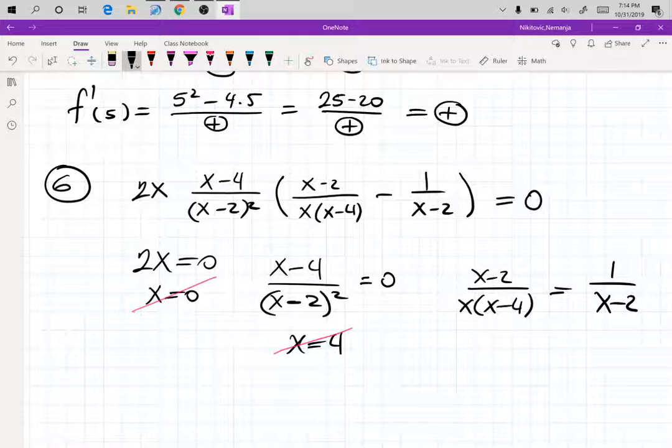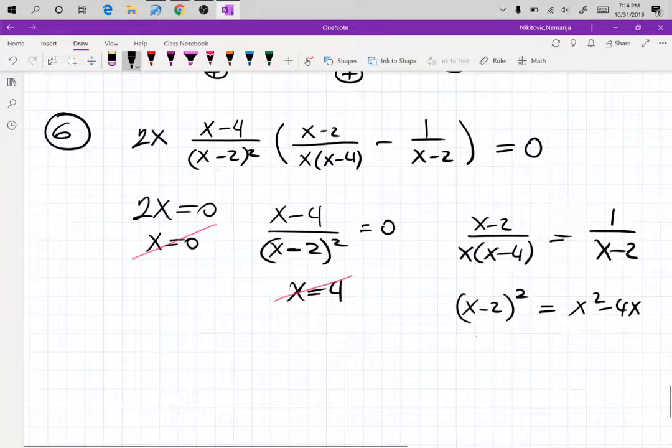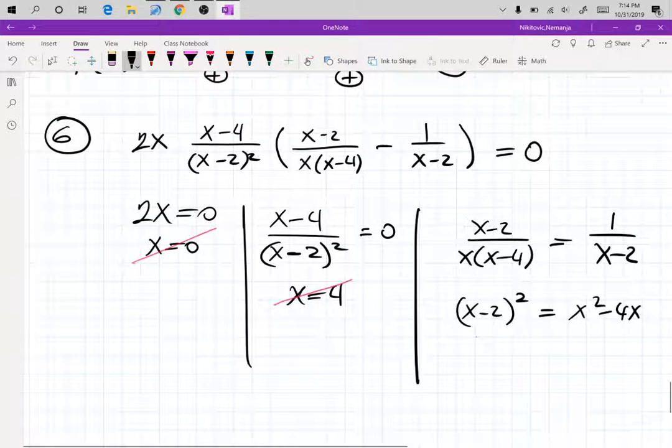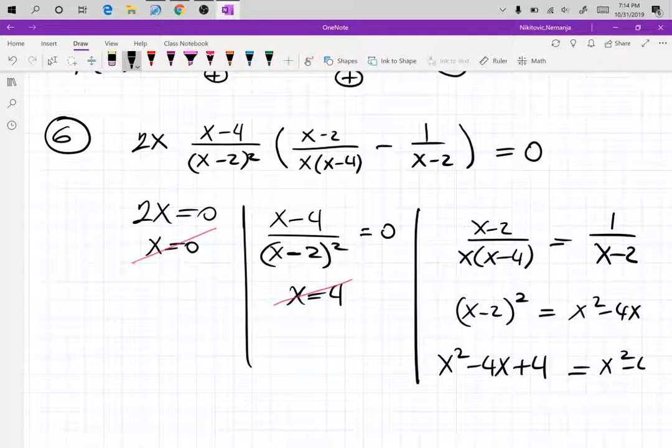If you set it equal to 0 and move the term to the other side, cross multiply, we get x minus 2 squared is equal to x squared minus 4x. Square the left side, you get x squared minus 4x plus 4 equals x squared minus 4x.